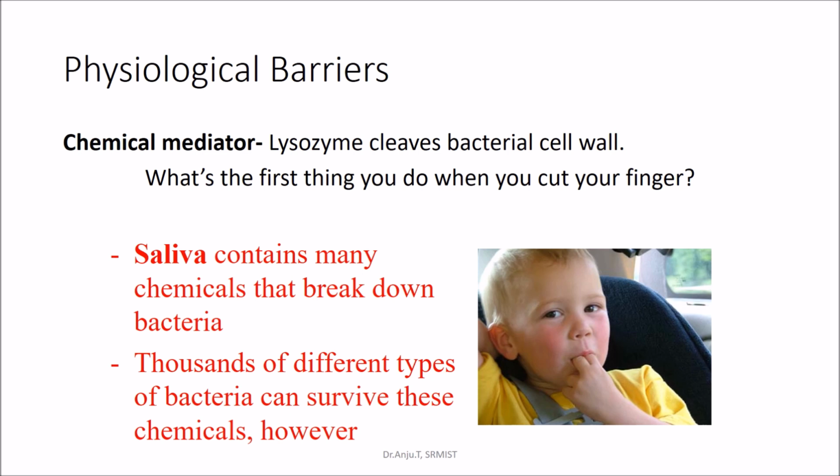Naturally, when we have a cut, we immediately put that cut finger into our mouth, because saliva has antibacterial properties. Saliva contains lysozyme, which helps in breaking down the bacteria that enter through the cut. So it acts as a first line of defense.